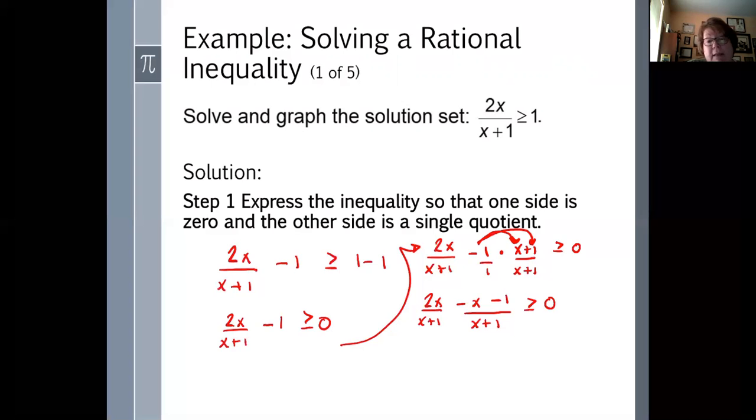I have 2x minus x, which gives me 1x, minus 1 over x plus 1 is greater than or equal to 0. So now I have it in the form where I have a single rational function on the left-hand side of my inequality symbol, and I have 0 on the right-hand side. So now I'm ready to proceed to find my boundary points.